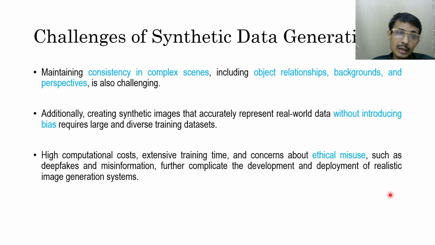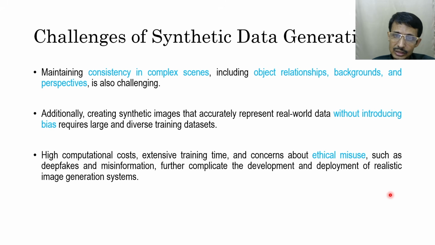When creating a synthetic image, it should represent real world data without introducing bias, and that requires a large and diverse training data set. What is a generative model actually doing?